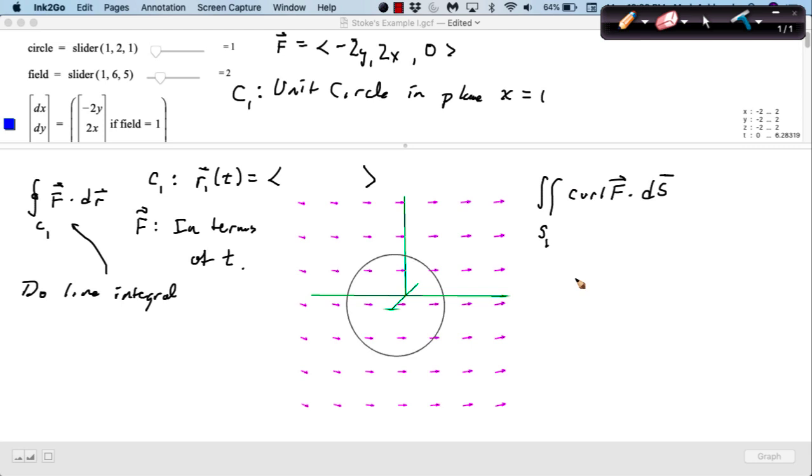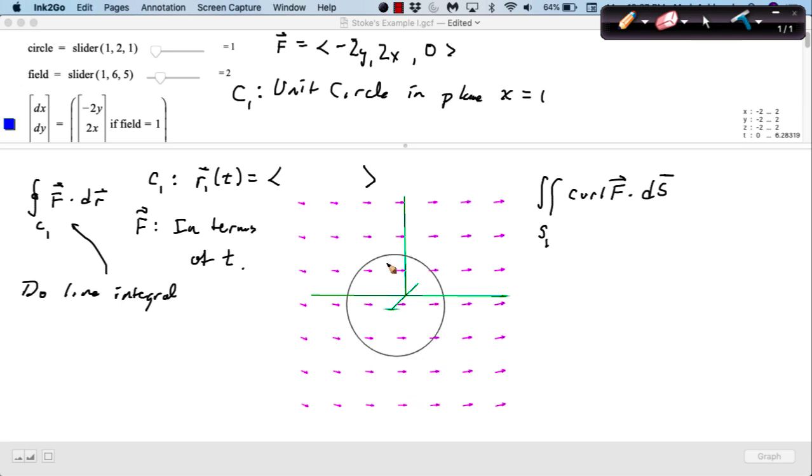There's lots of choices, but there's one choice that's the easiest. What's the easiest choice for S such that C1 is its boundary? So we need a surface in space that has C1 as its boundary, and we want to make this as easy as we can on ourselves.